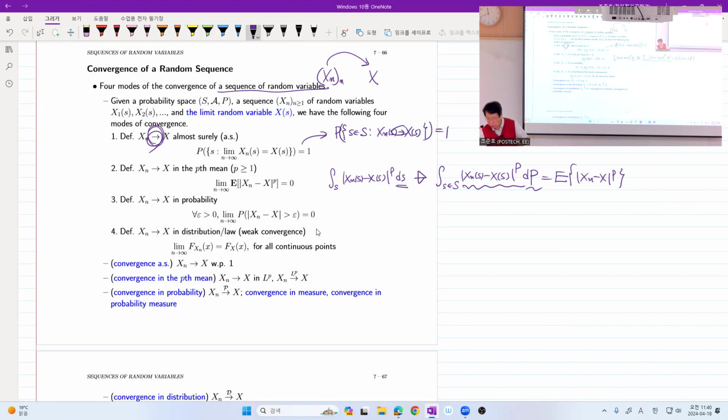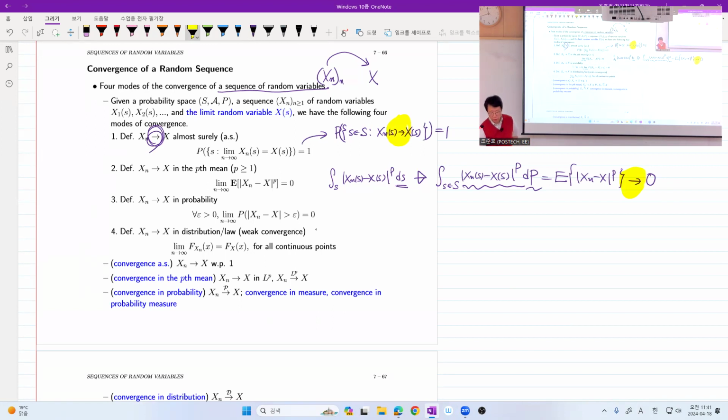So here you use this, the right side. And also, if you want to say that this goes to 0, right? See that? Limit.